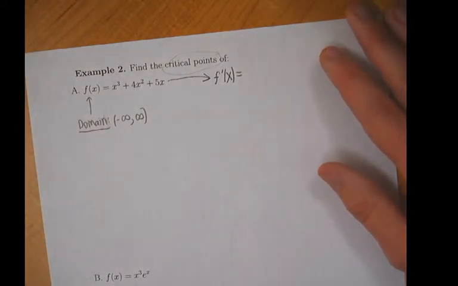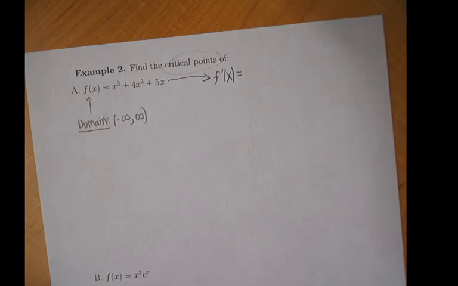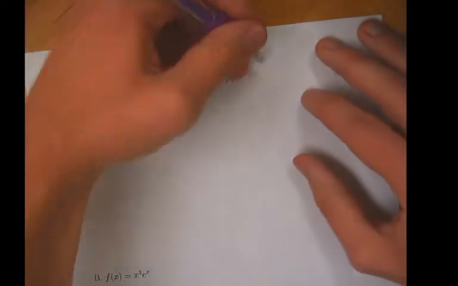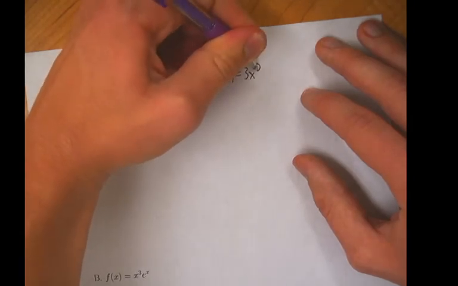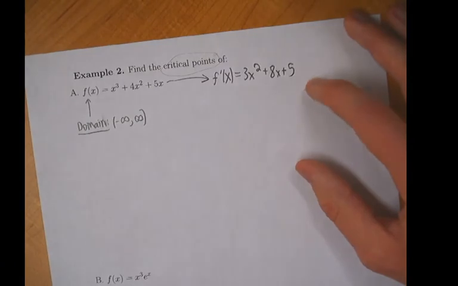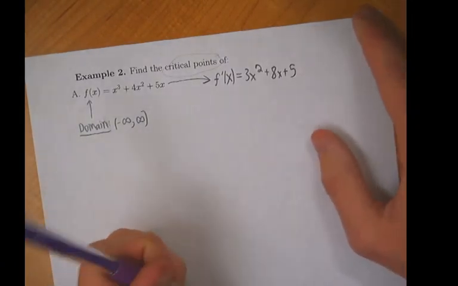A quick application of power rule should tell you that the derivative is equal to what? 3x squared plus 8x plus 5. Yep, plus 5. So that's the derivative. Nothing too crazy with that.